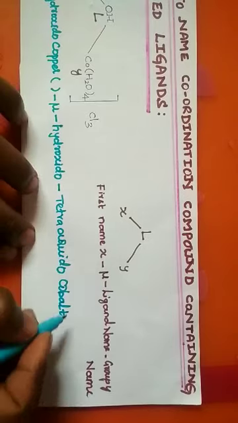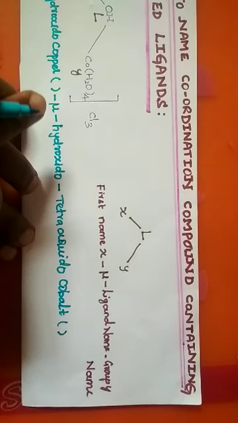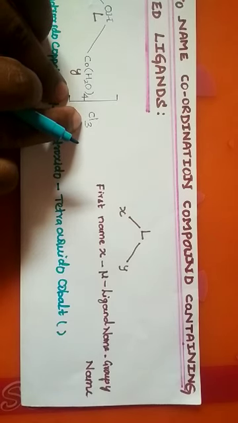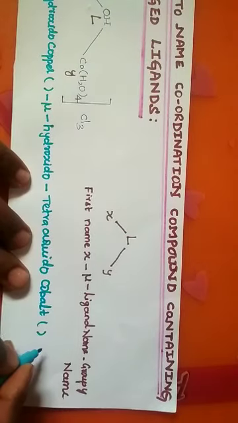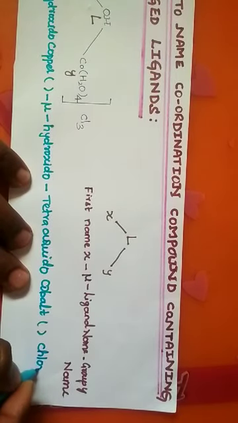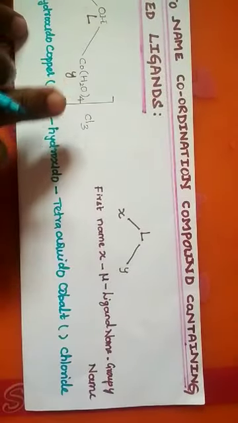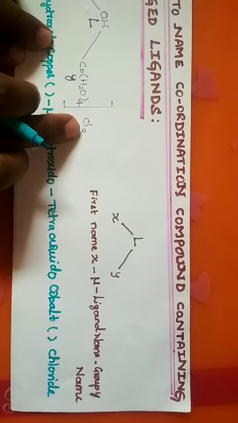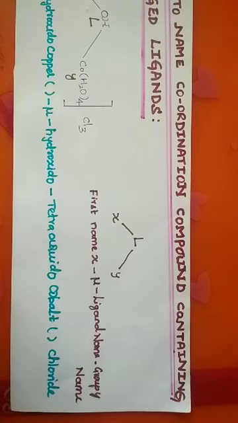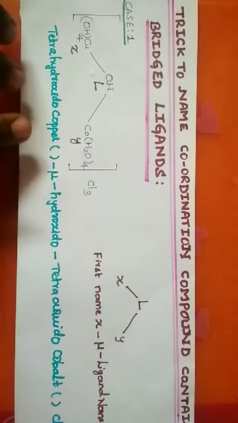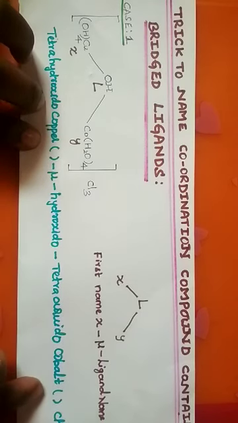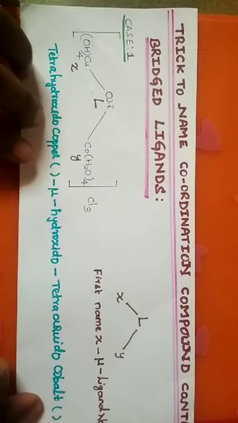You can write cobalt here, open a bracket, and outside the coordination complex there is a chlorine group. You can write outside, chloride. If it is inside, then you write chlorine as chlorido. It is outside the sphere, so you write chloride. Now you are going to add the valency of the metal of the coordination complex. How to calculate? I will tell you, very easy.